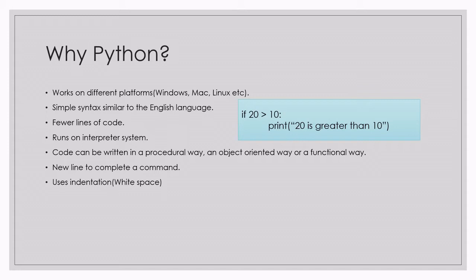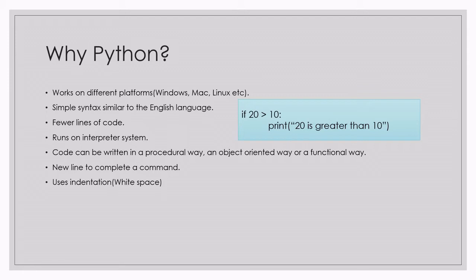Object-oriented way means you have to create a class, make an object of that class, and work around that object or that class. That is called the object-oriented way. And what is the functional way? Functional way means you write functions and call each function according to your requirement. That is called the functional way.